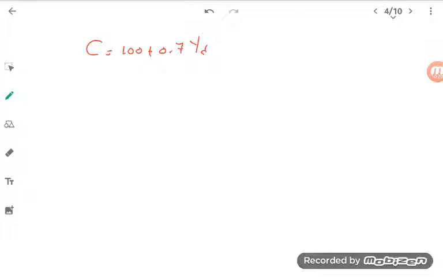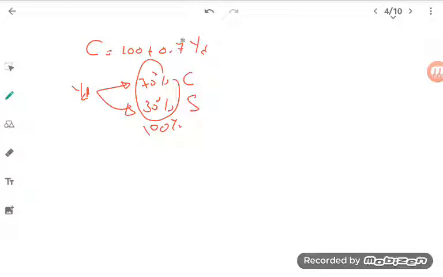This means that 70% of your disposable income will be spent on consumption. Your disposable income is 100%, 70 for consumption. So 30% will be saved. So the total is 100%, which is 1. So the summation of the marginal propensity to consume and the marginal propensity to save will be 1.